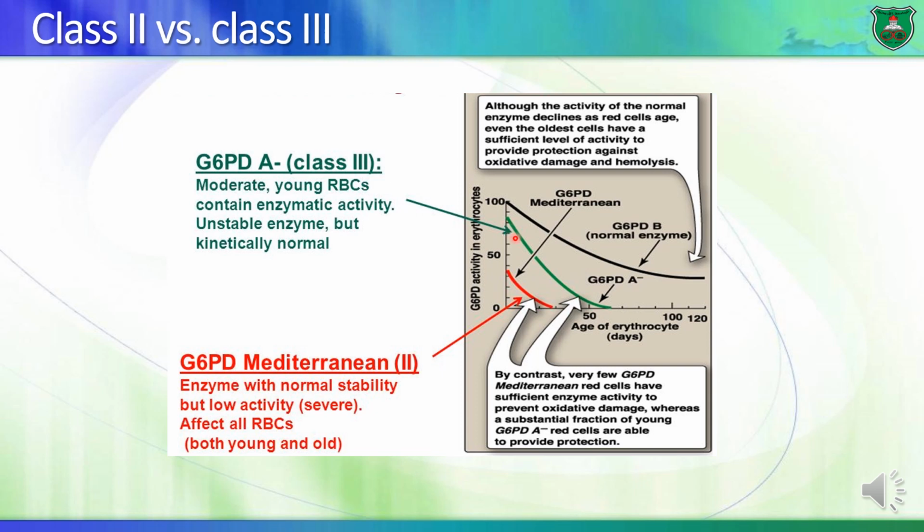Yes, it gets reduced as erythrocytes age, but it's still high. That's why the severity of this condition is moderate. But if you look at the Mediterranean type of G6PD deficiency, although enzyme stability is high, there's hardly any activity, and it gets reduced early on as erythrocytes age.